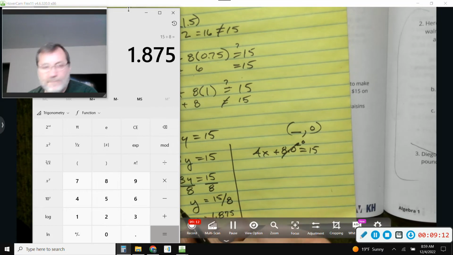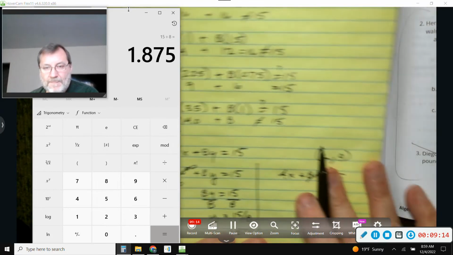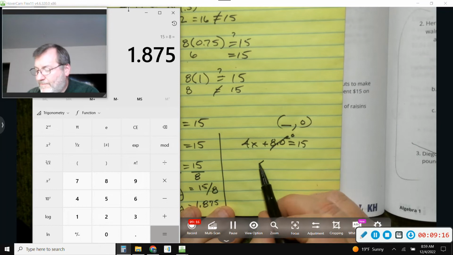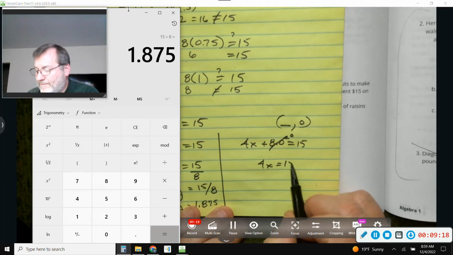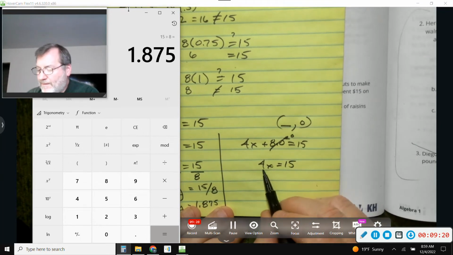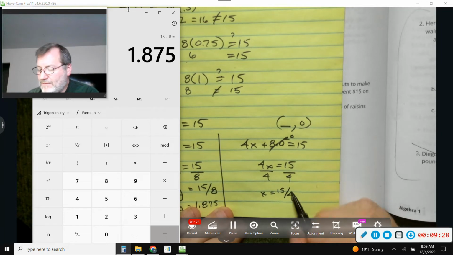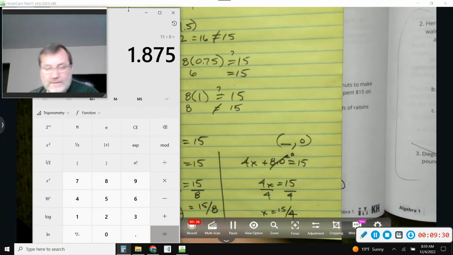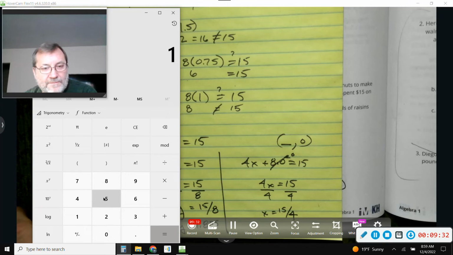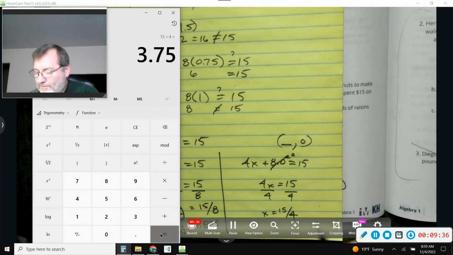And now I got 4x equals 15. So I divide by the coefficient of the unknown. Divide by 4. x equals 15 fourths. So what does that give me? Well, let's see. If I go 15 divided by 4, 3.75.